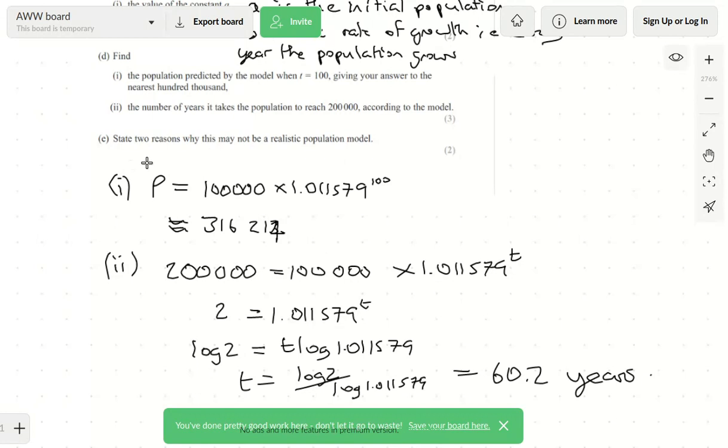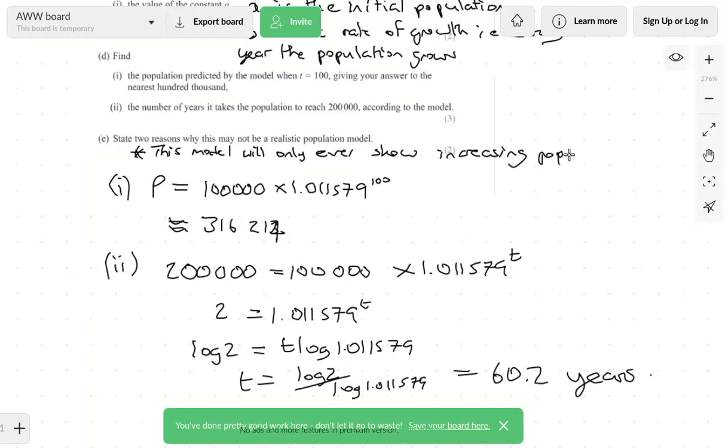State two reasons why this may not be a realistic population model. Okay, I'm going to give you a couple of reasons which I would accept. My first reason would be, for this model, population will always increase. This model will only ever show increasing population.